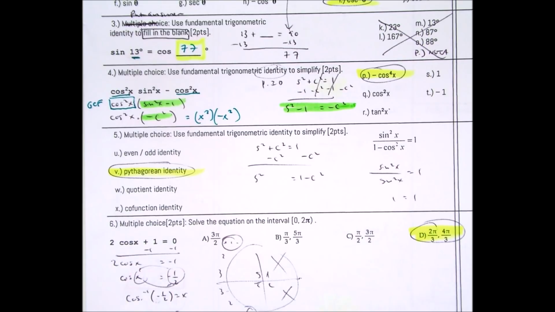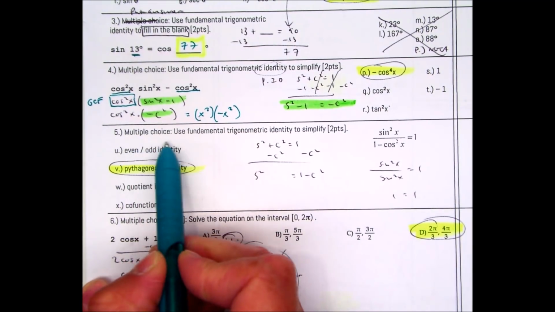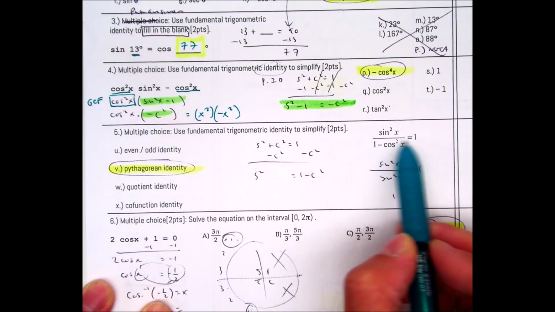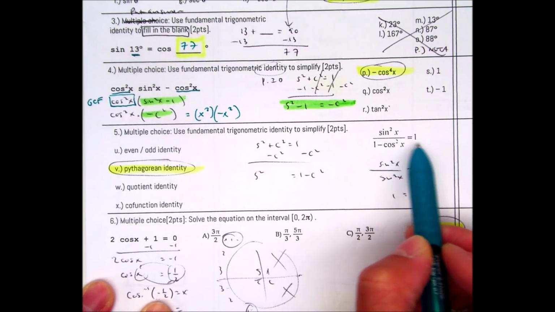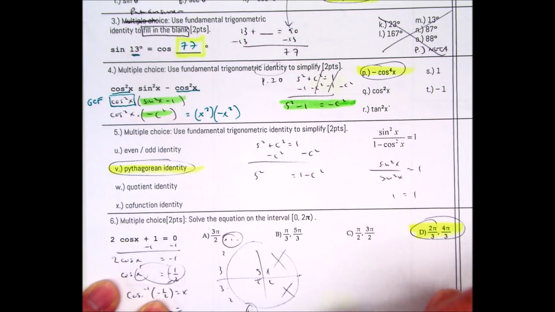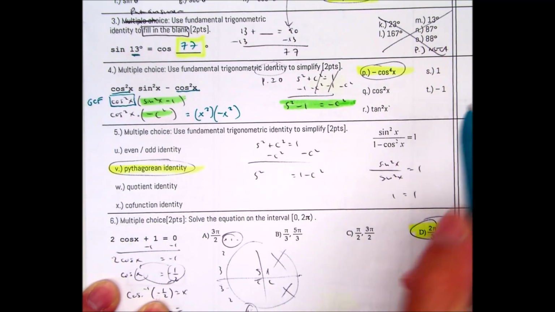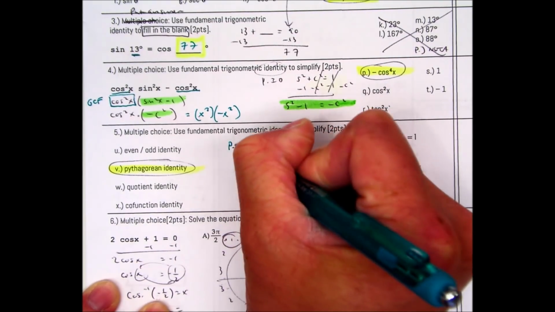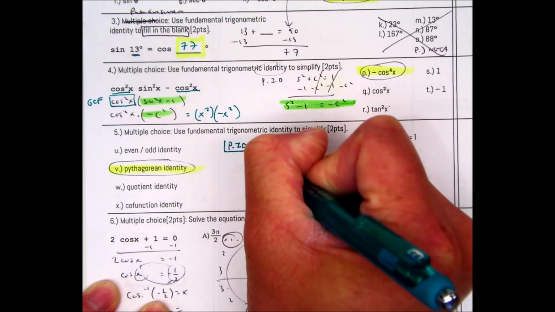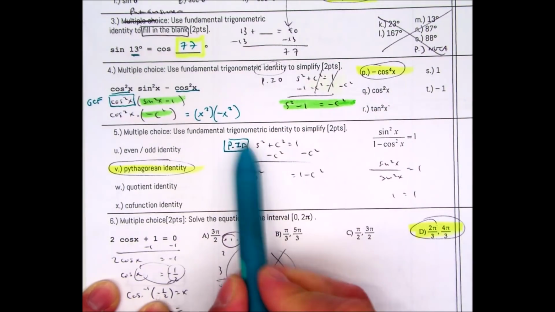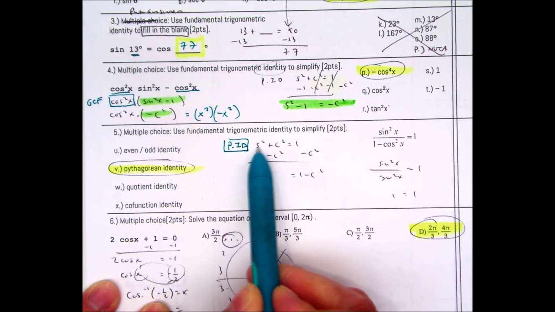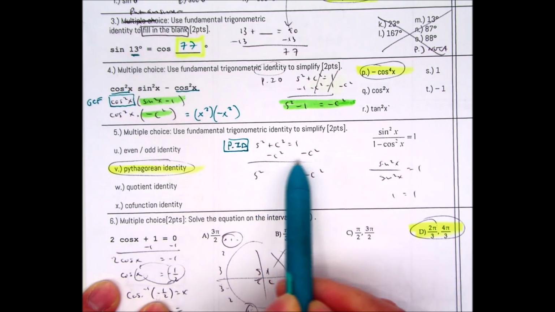Question number 5. Multiple choice, use a fundamental trig identity to simplify. Sine squared x over 1 minus cosine squared x equals 1. Same thing, you're going to look at the Pythagorean identity. So notice you have to start with your identities, know them well. Now to match this, 1 minus cosine squared x, I'm just going to subtract cosine squared x from both sides.